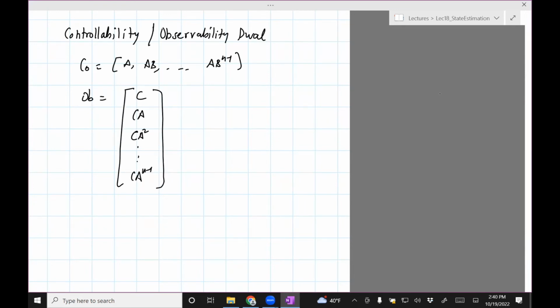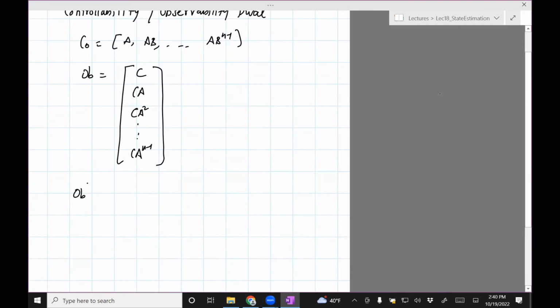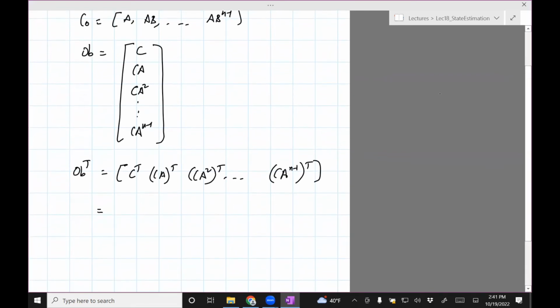Okay, they look very different, but what if I take the transpose of OB? I get C transpose, (CA) transpose, (CA squared) transpose, so on to (CA^(n-1)) transpose.